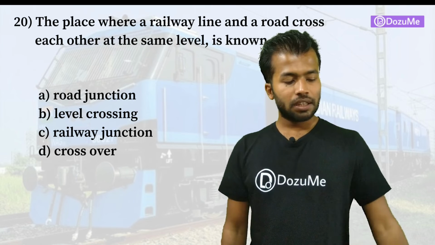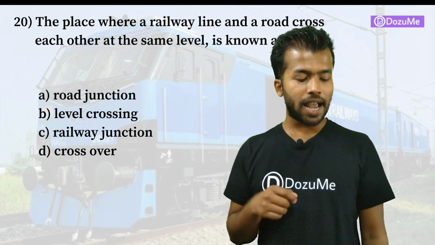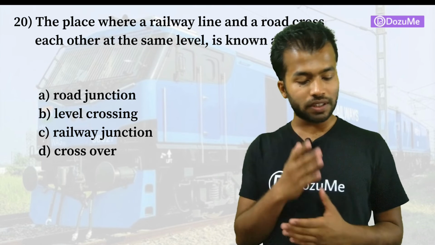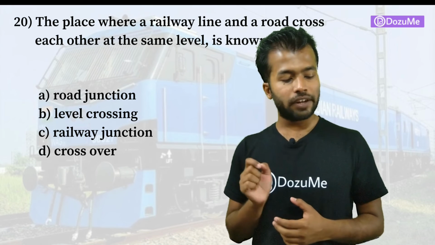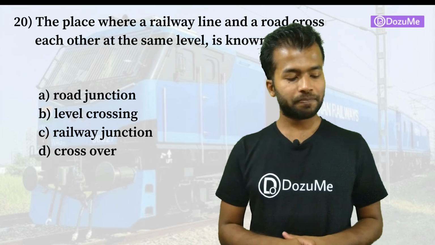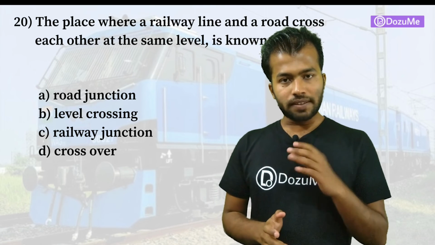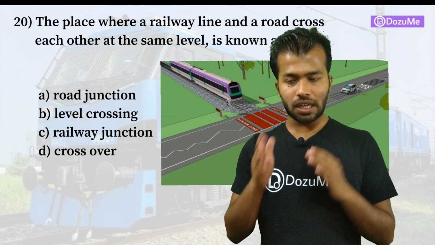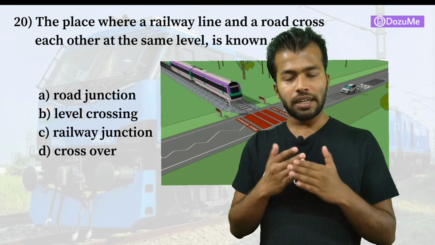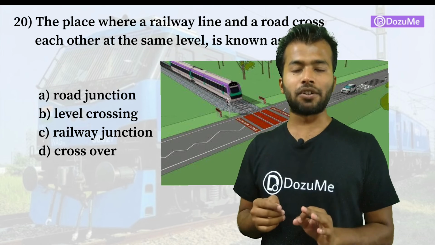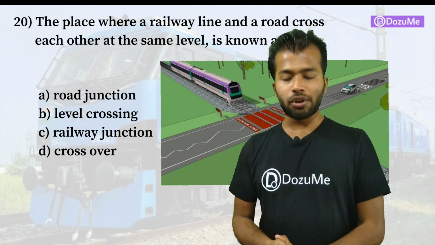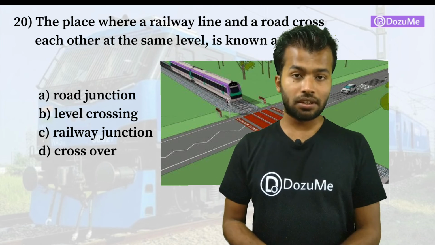Question number 20. The place where a railway line and a road cross each other at the same level is known as: road junction, level crossing, railway junction, or crossover. If you know the answer, comment it. If the railway line and the road intersect each other at the same level, it is termed a level crossing. And one important thing: what is a railway junction?